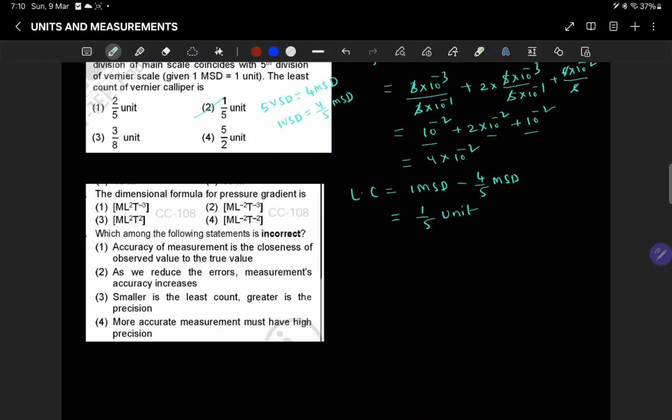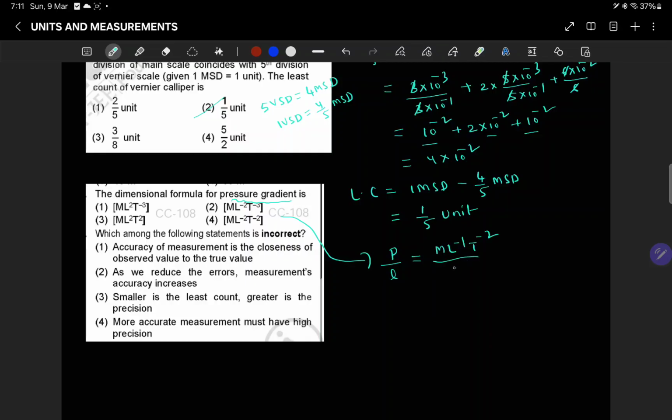Next, students, the dimensional formula of pressure gradient. Gradient, students, please concentrate. Gradient term is nothing but per unit length. Pressure gradient means pressure per unit length. Pressure is force per unit area of cross section, M L power minus 1 T power minus 2.